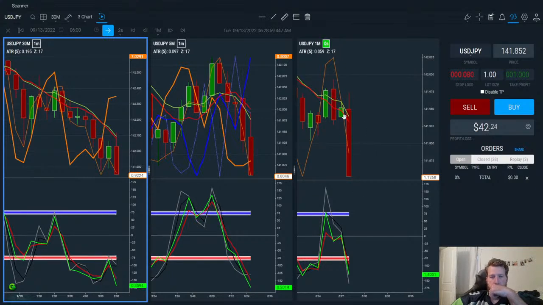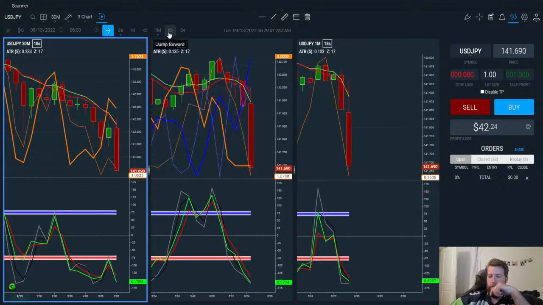Good big bearish bar here. We do have a little bit of a level here, so I think we're probably going to see some resistance here, or it's just going to break right through. We do have another Hydra.